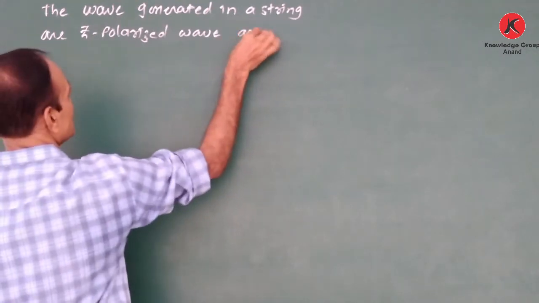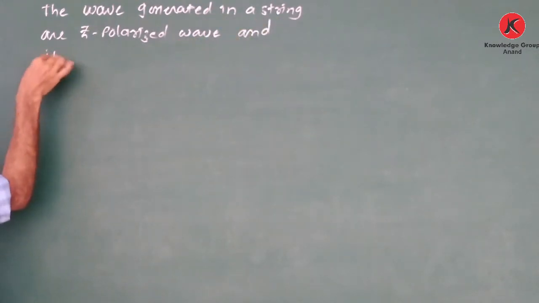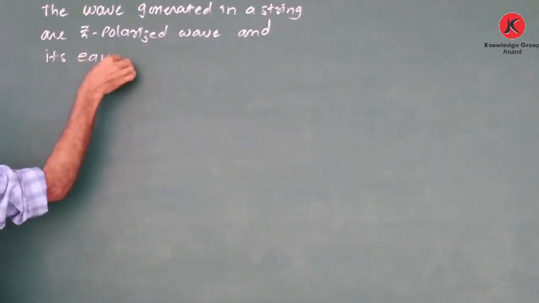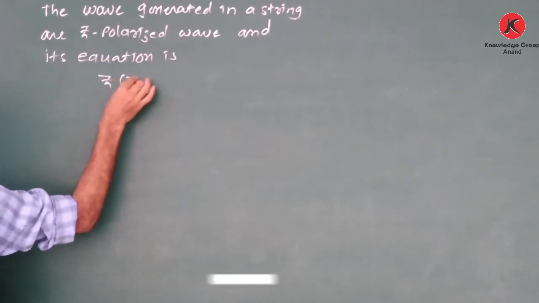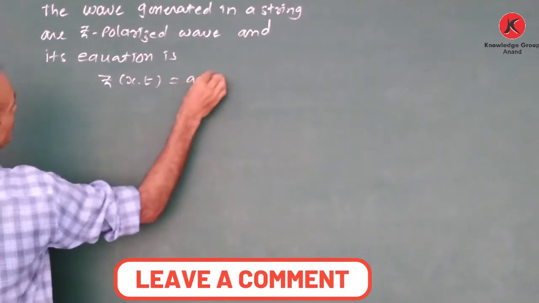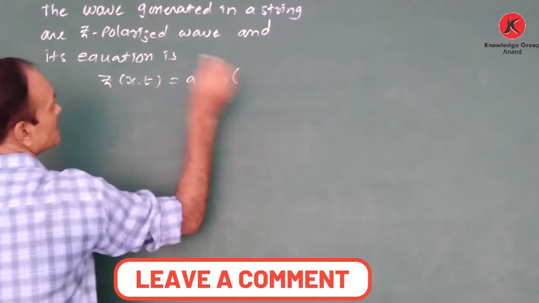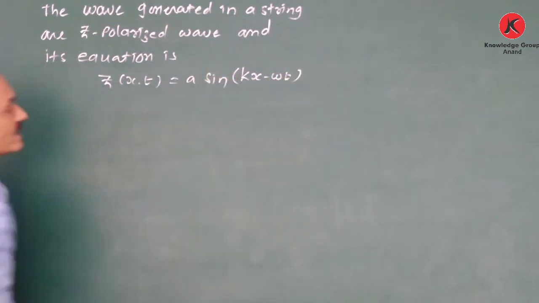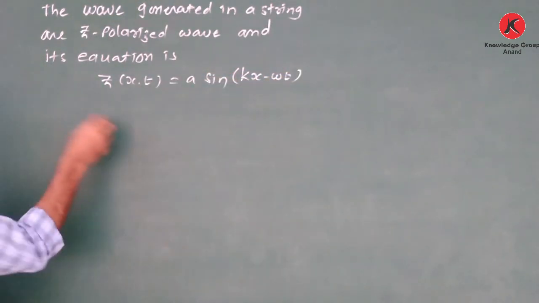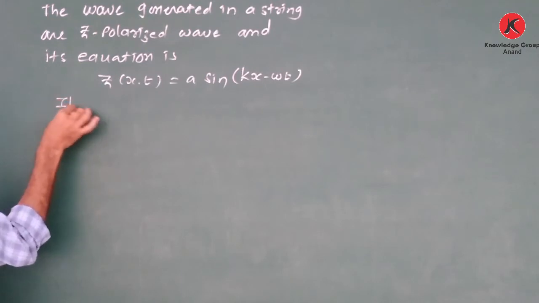And its equation is z(x,t) equal to, the equation is the same as this, sine(kx minus omega t). It is also a linearly polarized wave.